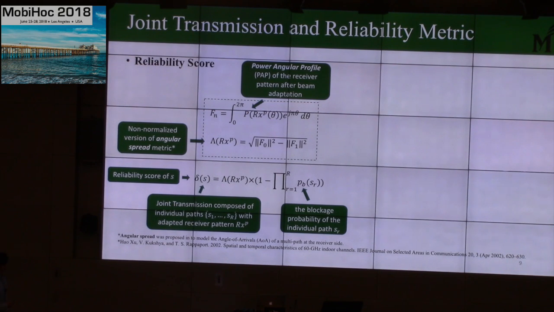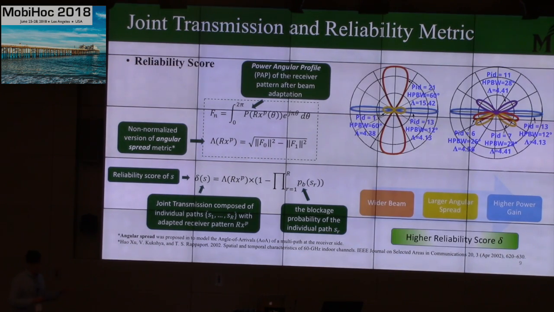To calculate the reliability score of the joint transmission, which is composed of all these individual paths, we use the angular spread multiplied by a probability. Here PB is the block probability of the individual paths, and this part represents that in the joint transmission at least one link is aligned.